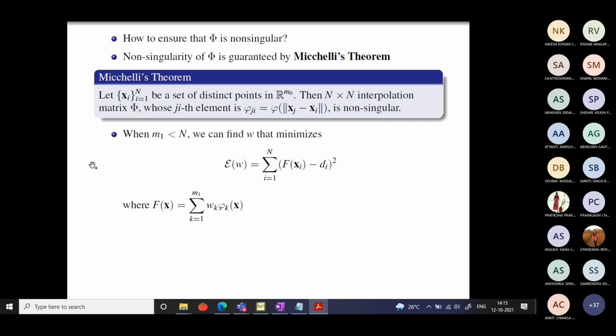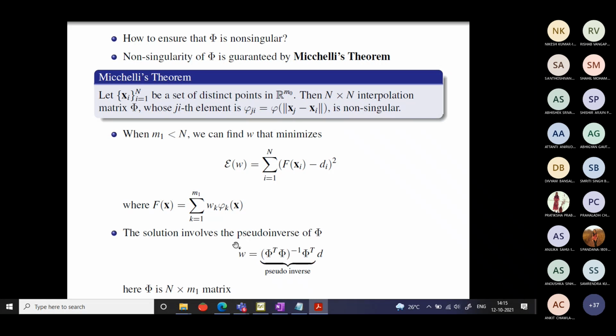When the dimensionality of the hidden space is less than n, we find the solution which minimizes the error, and instead of the previous solution we use the pseudo inverse, because the interpolation matrix will not be square. I talked about the pseudo inverse when I reviewed linear algebra. So in that case, you have to go for the pseudo inverse.